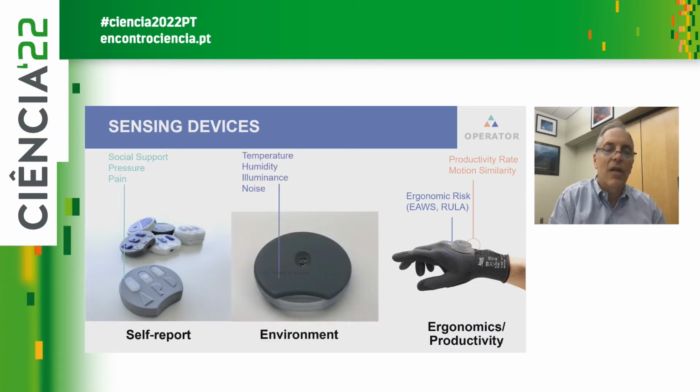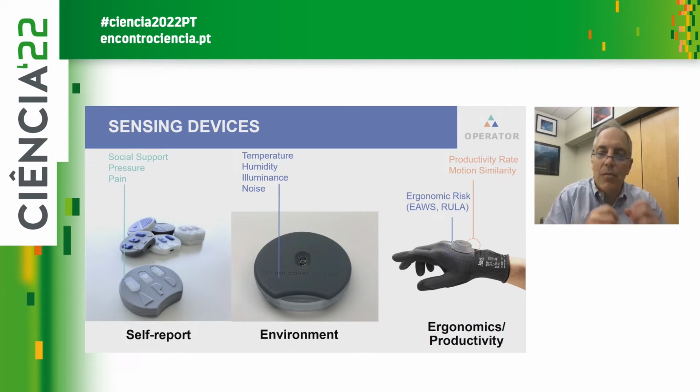We look not only at productivity and ergonomics, but we look at what people in the workplace feel. The sensor on the far left is not just simply how they move, what they're doing, whether they're efficient, but whether they're uncomfortable or comfortable. And then we look at using sensors within the environment, looking at an array of factors like temperature, humidity, luminescence, and noise.